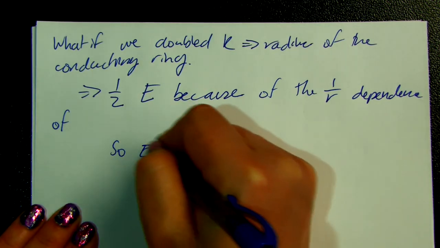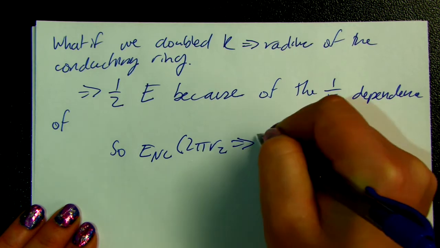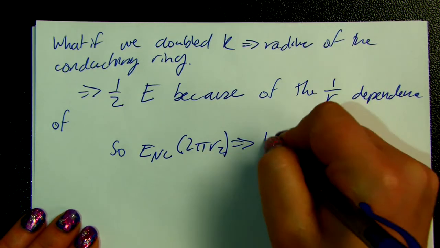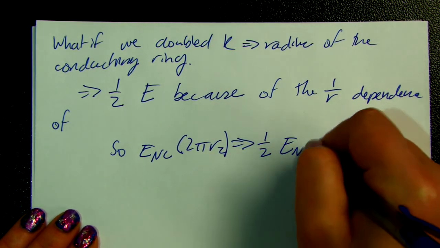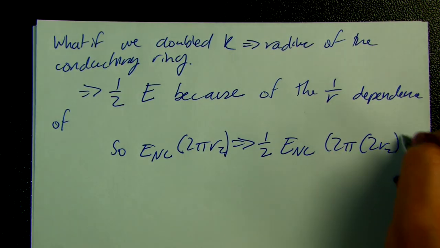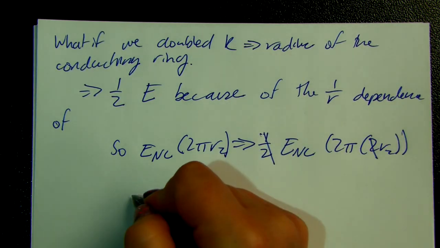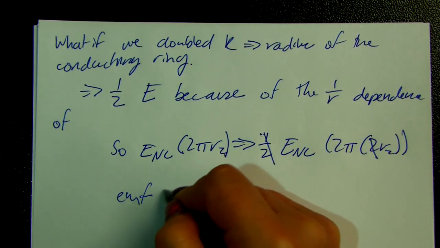So ENC 2 pi R would become 1/2 ENC 2 pi 2 R. So EMF is the same no matter what.